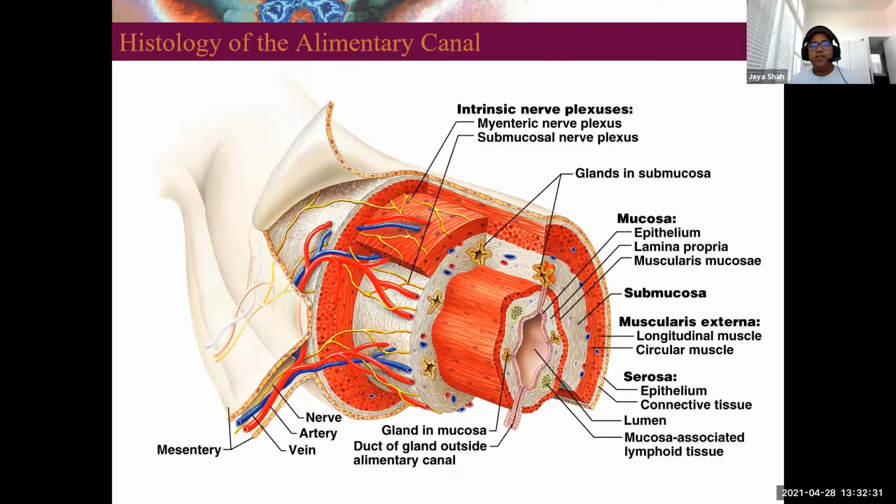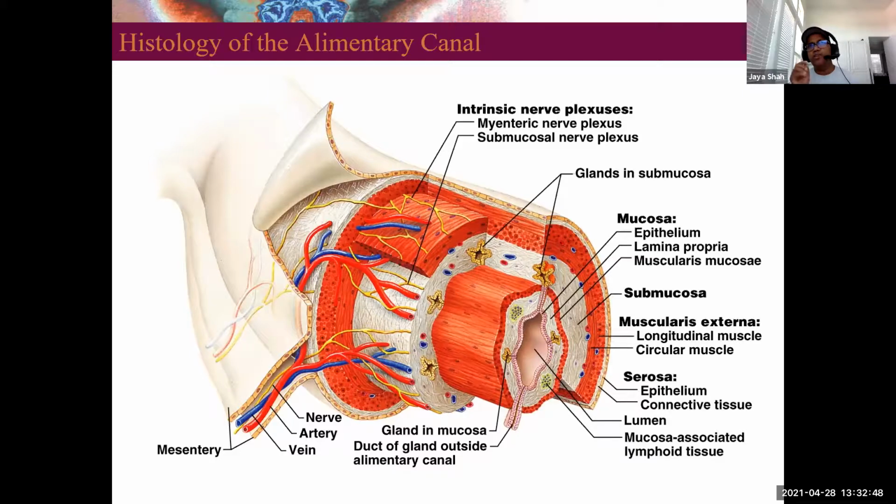At the same time, in the mucosa, you will see some mucosa associated lymphoid tissue. You see these dots. They contain white blood cells to fight infection if any microorganism enters the small intestine.